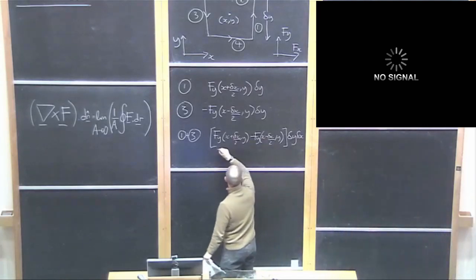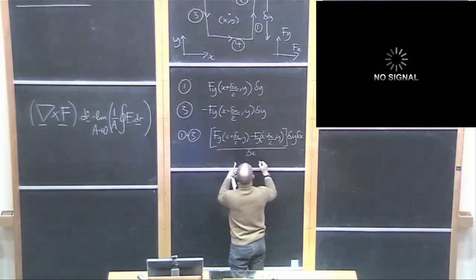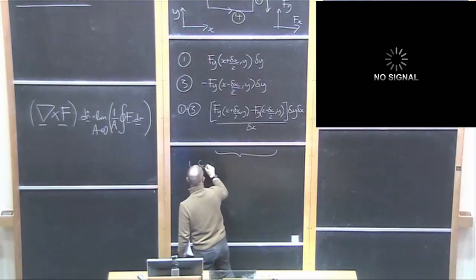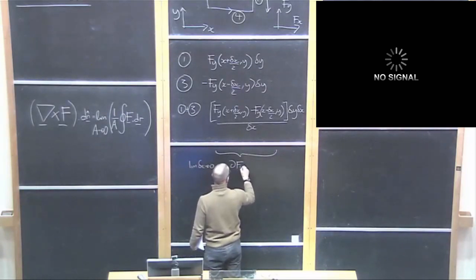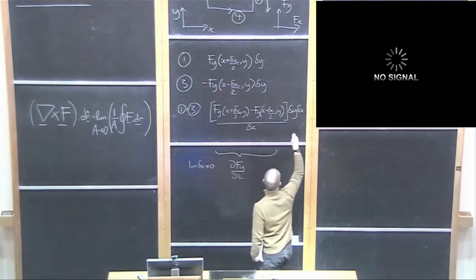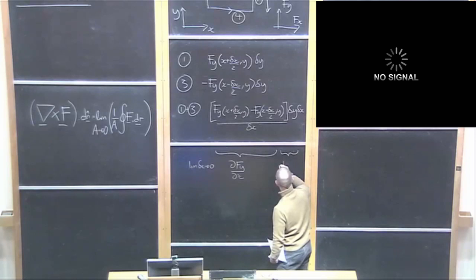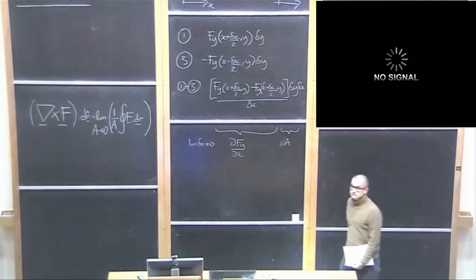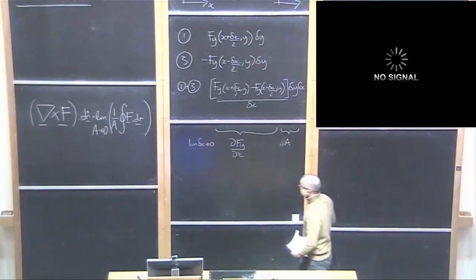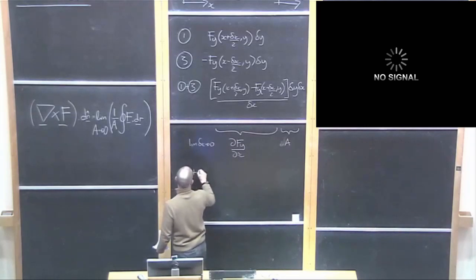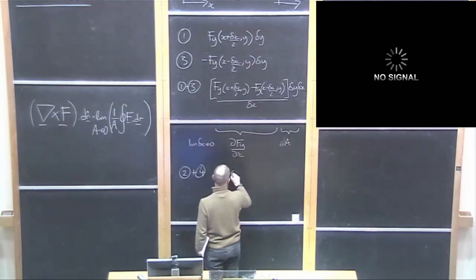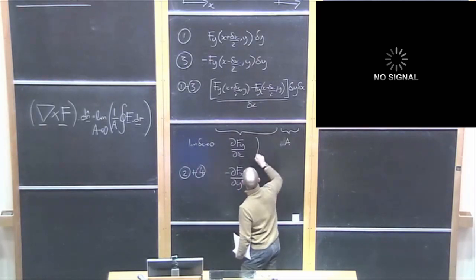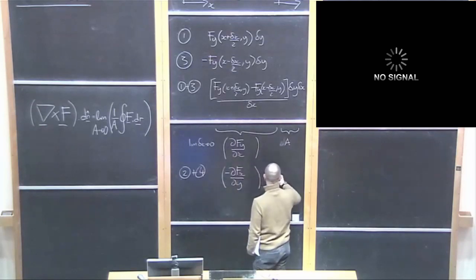I put a delta x there, I put a delta x there. In the limit that delta x approaches 0, this becomes dFy by dx, and this term here, delta x delta y, is just the area A of the square. And if I similarly add up 2 and 4, then I find that that's minus dFx by dy, also multiplied by the area A.